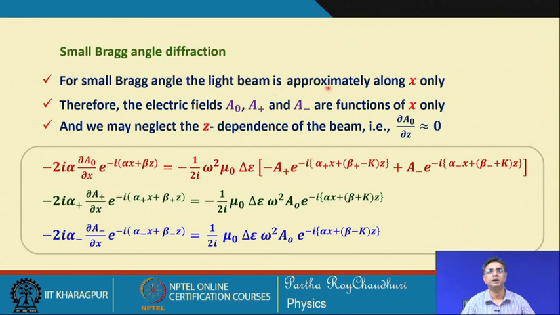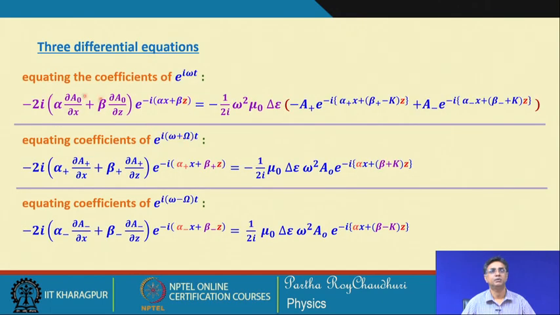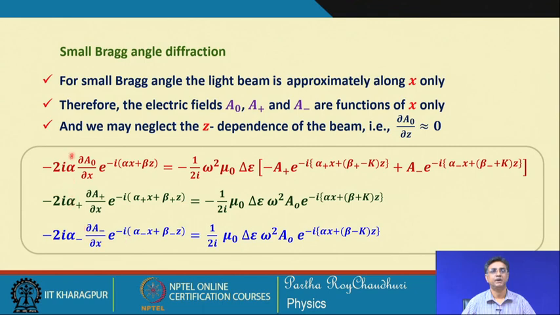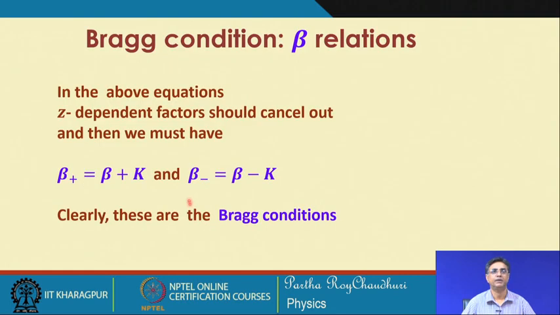So, for the small Bragg angle, the light beam is approximately at this angle, and if you neglect the z dependence, then del A0 by del z, del A plus by del z, del A minus by del z are no longer appearing here. Then these three equations can be solved analytically.